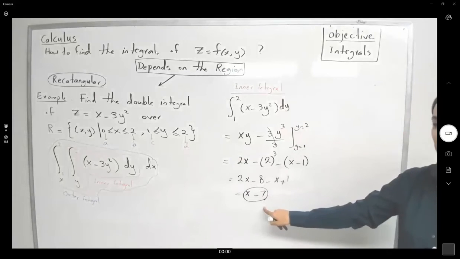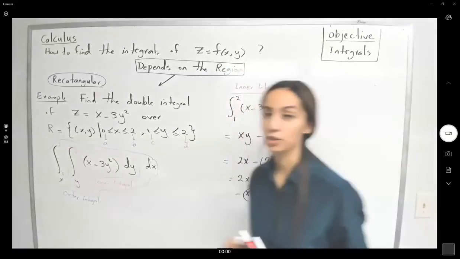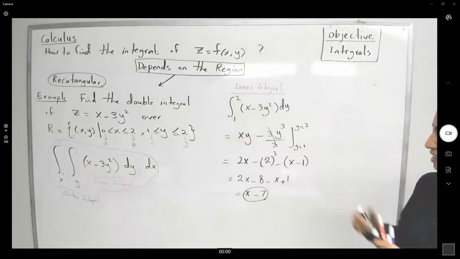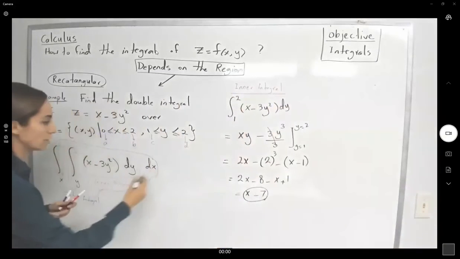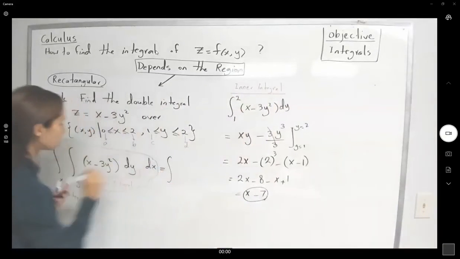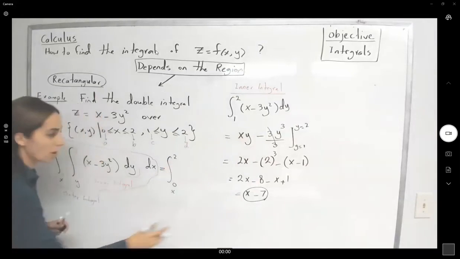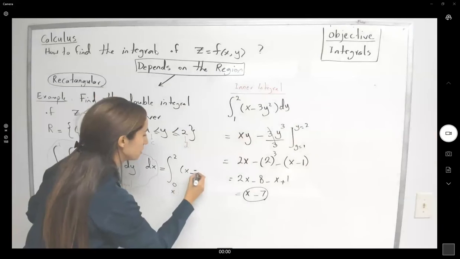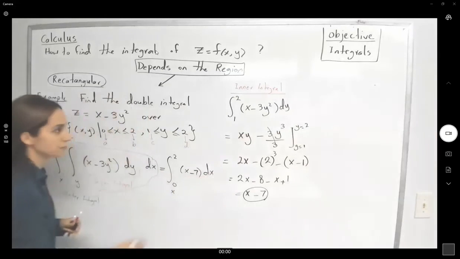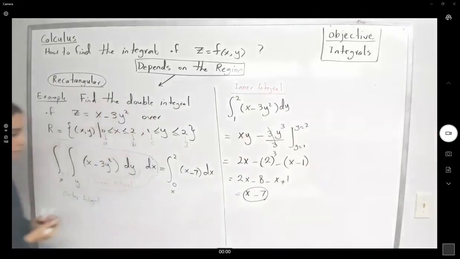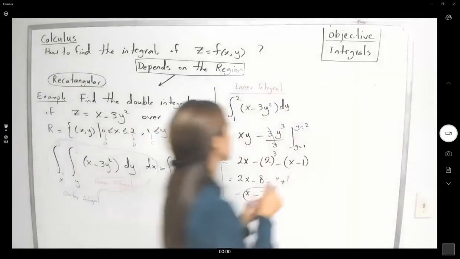This is your inner integral. So far we have the integral where x ranges between 0 to 2 of x minus 7 dx. This is your outer integral.